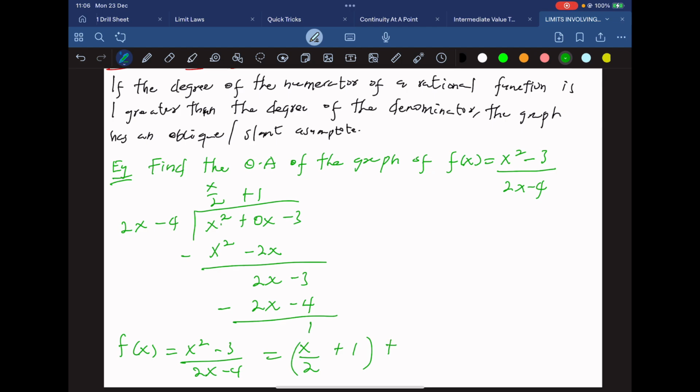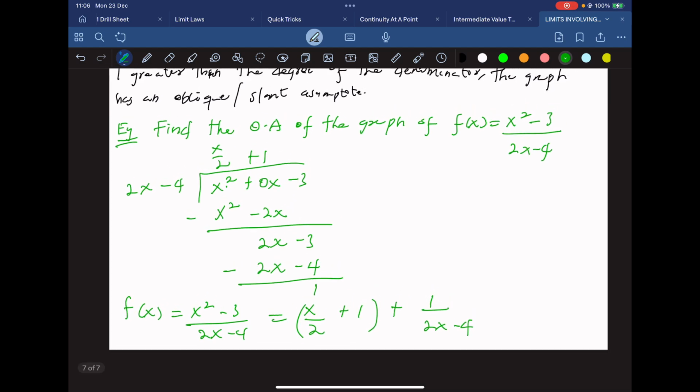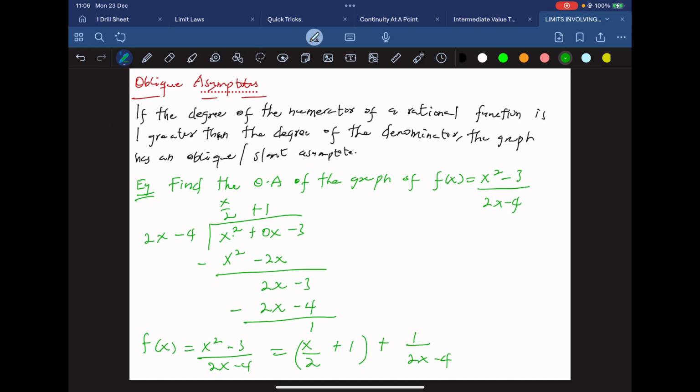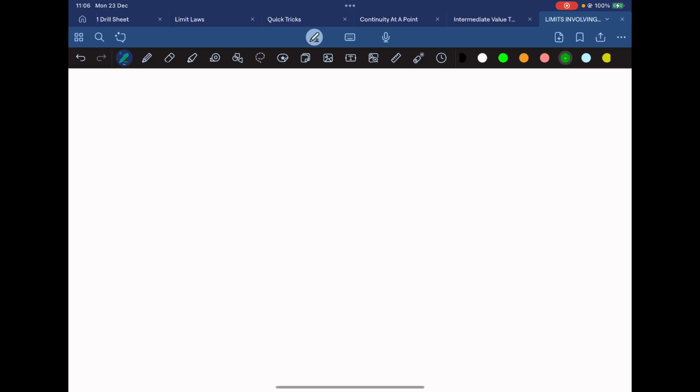So the remainder is 1 out of 2x minus 4. So we have f of x to be equal to x over 2 plus 1, then plus 1 over 2x minus 4.